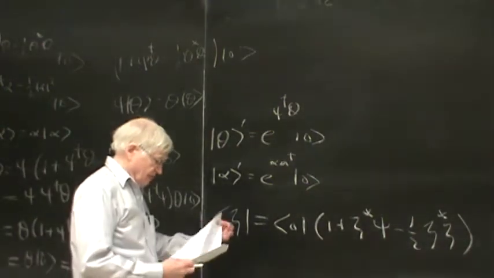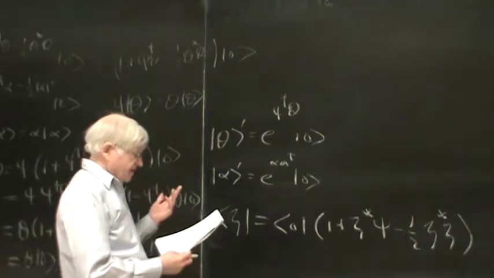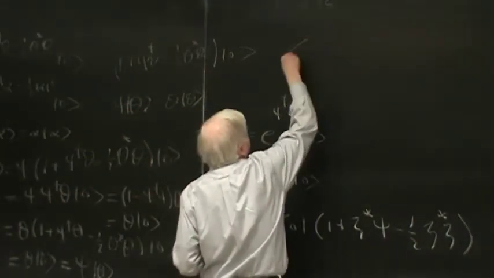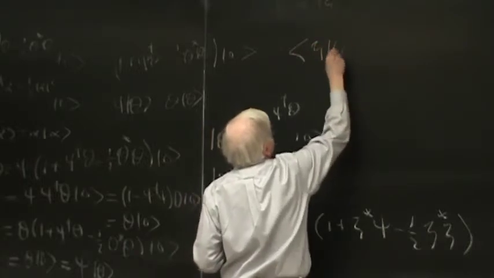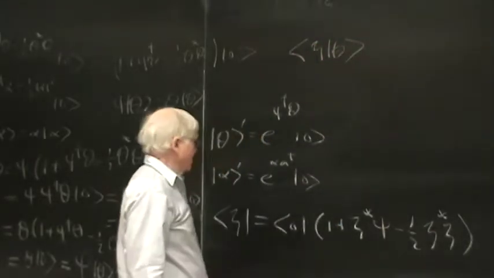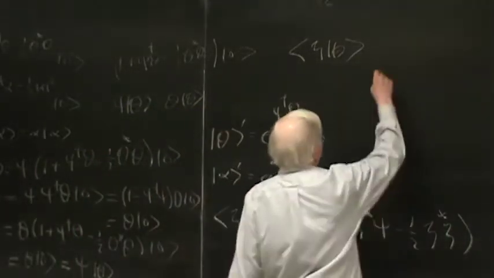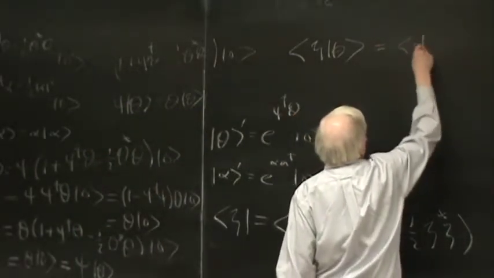And now we can compute the inner product of the two. And I think maybe I will compute this in detail. This is one of the things that I made a homework problem, but I think it's probably useful to go through it.